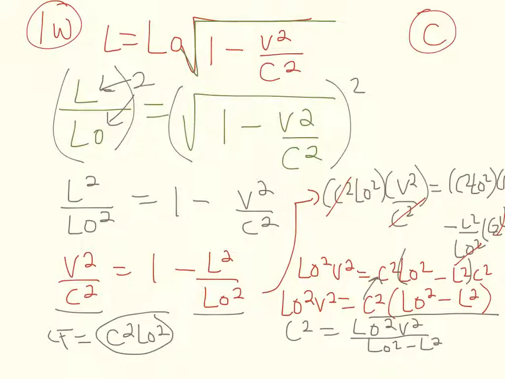And from here, we're going to square root both sides because we're not solving for C squared, we're solving for C. So I'm just going to erase that square root of C squared and replace it with a C, because now we've gotten rid of that squared aspect of C. So C is equal to the square root of L naught squared V squared divided by L naught squared minus L squared.